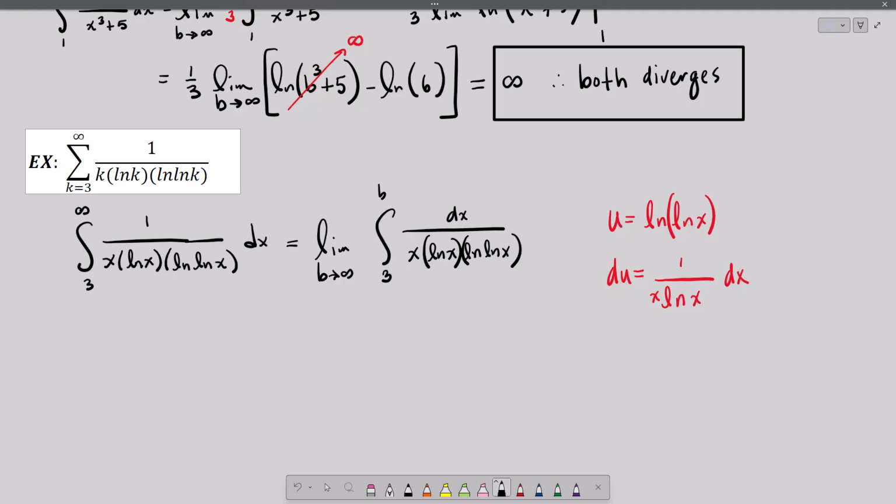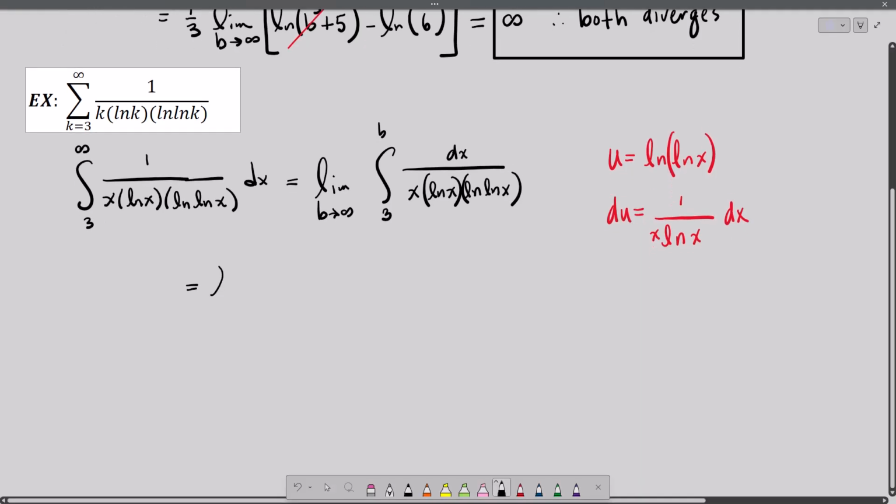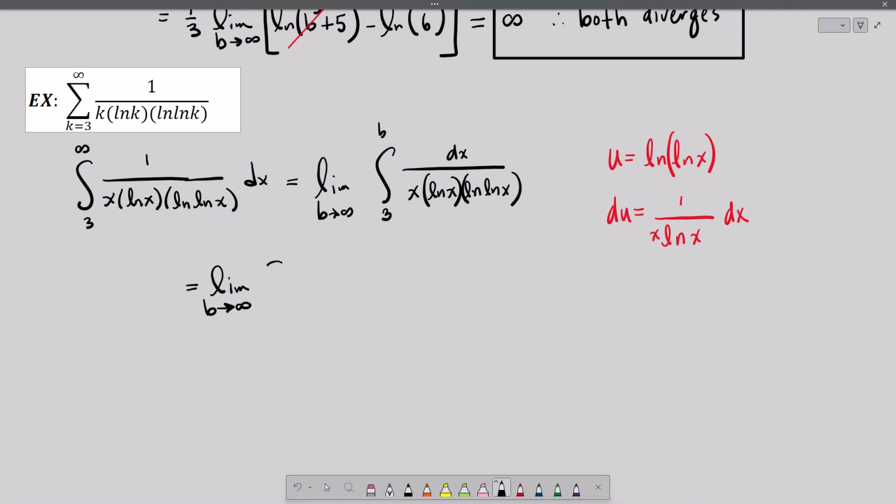Then we'll get limit as b runs off to infinity, integral. We're going to put placeholder limits here. We're not going to deal with converting. And so let's highlight the green here. That is all of that. So that part is du.